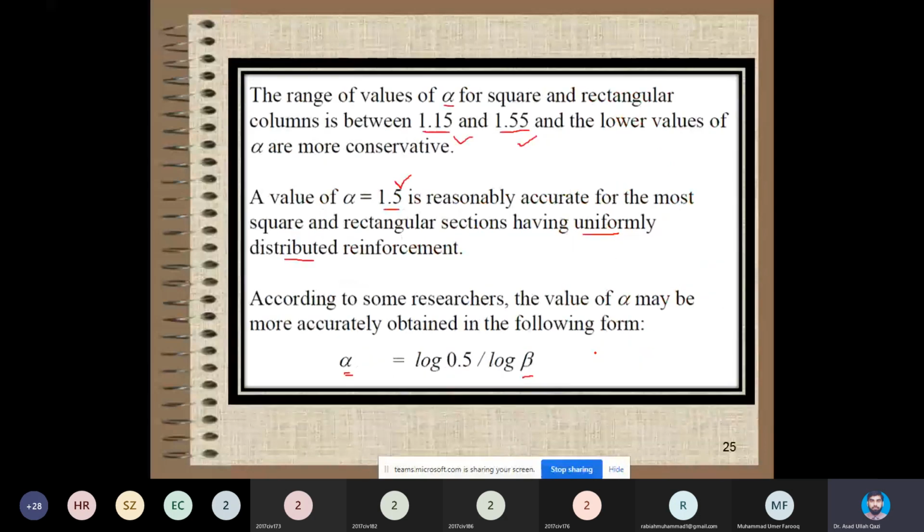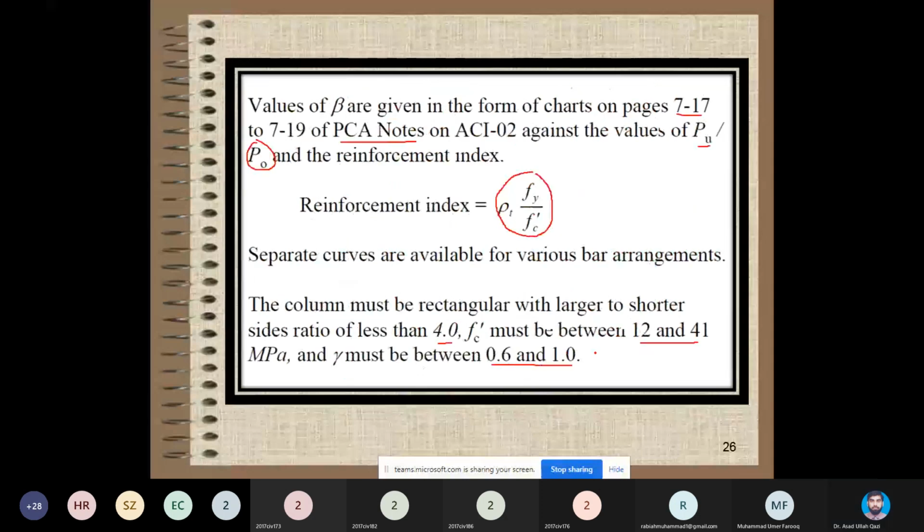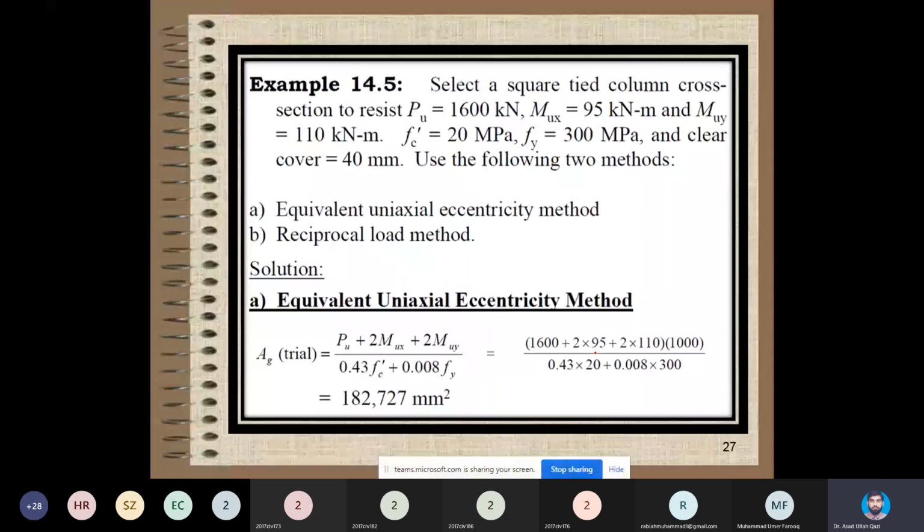Otherwise, you need to refer to these approximate methods, which have certain limitations, and those limitations are important in order to get a safe design. You need to consider those limitations.